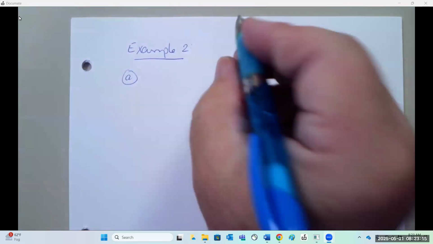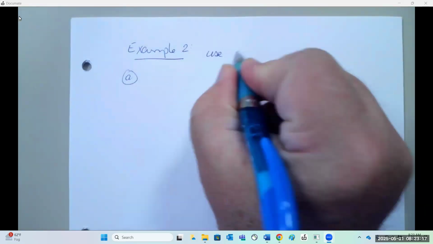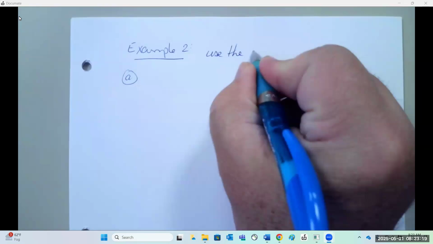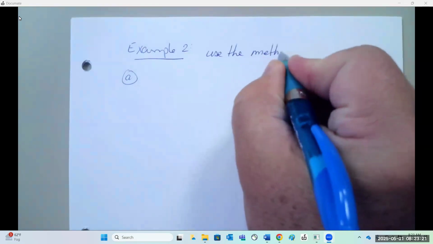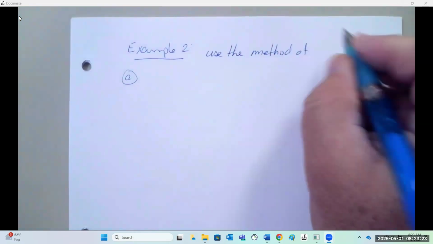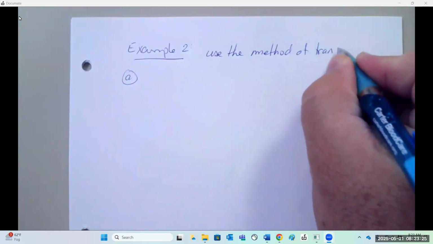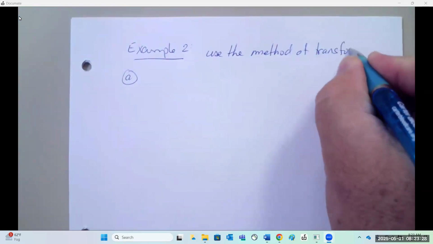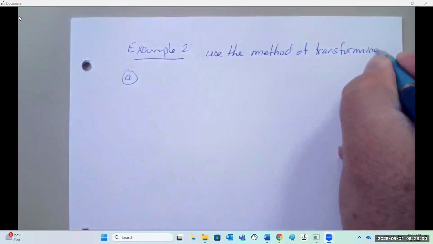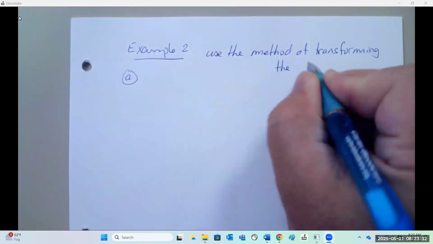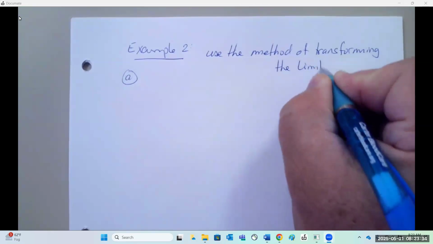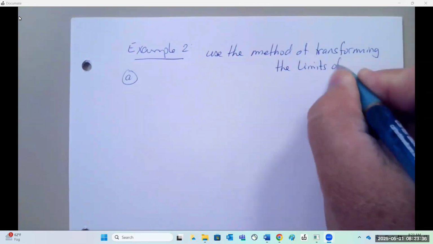Let's use the method of transforming the limits of integration.